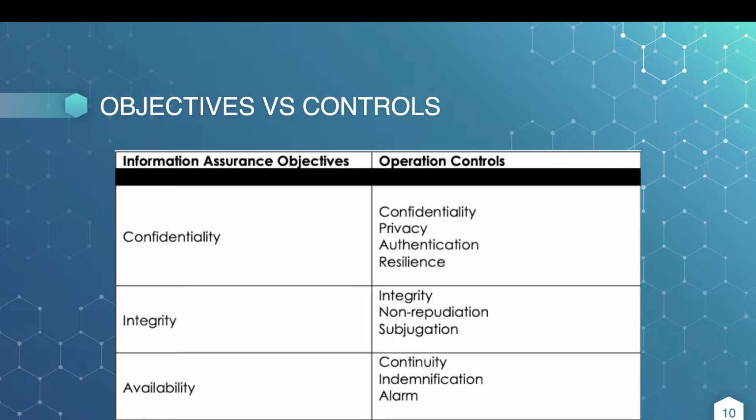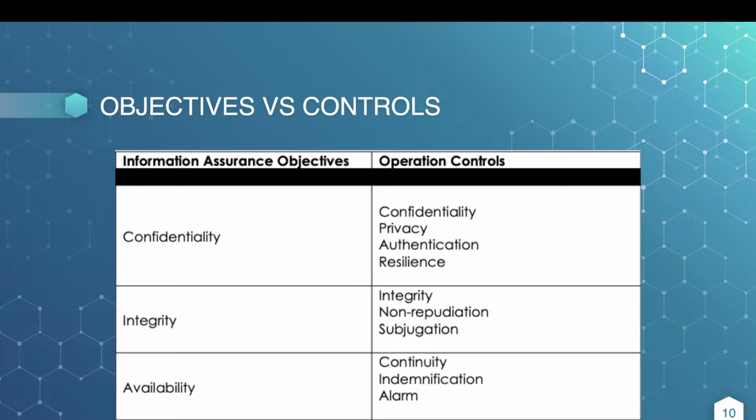When it comes to confidentiality, if we want to achieve that, we have the controls: confidentiality, privacy, authentication, and resilience. So if we want to up the confidentiality objective of our application or our test, we have to up the operational controls: confidentiality, privacy, authentication, and resilience.